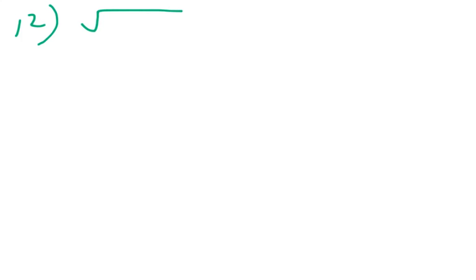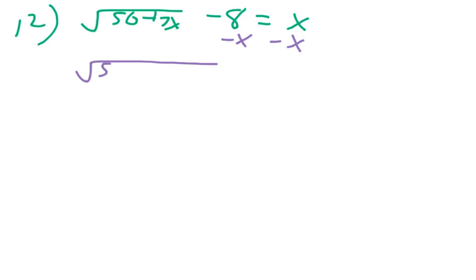In problem number 12, we got the square root of 50 plus 7x minus 8 equals x. Since there's a square root and x is underneath the square root and x is not underneath the square root, I'm going to do this basically using the calculator. When I do this, I'm going to get one side equal to 0, and so that's why I subtracted x.